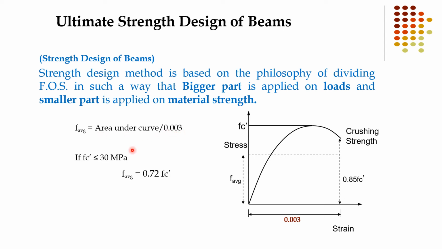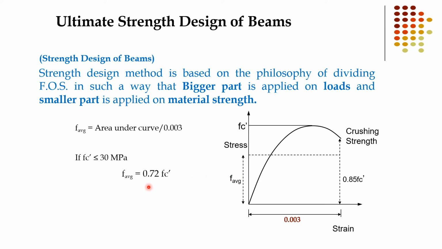If f'c is less than or equal to 30 megapascal, then f average comes to 0.72 f'c. How is this determined? It basically comes from different experiments and researchers' guides.